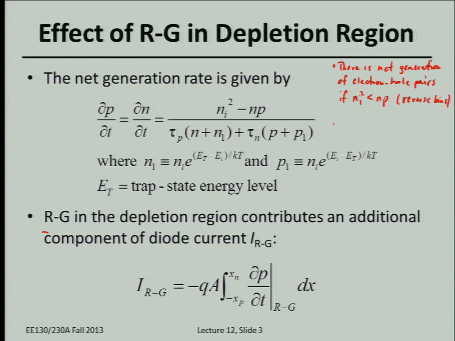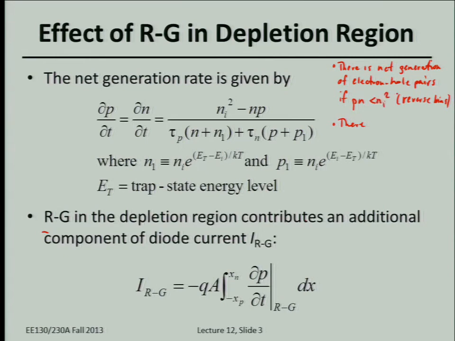Okay, then conversely, if, wait a minute, sorry, did I write it? I wrote that wrong. Sorry about that. This is like n, okay. pn is less than ni squared, right?